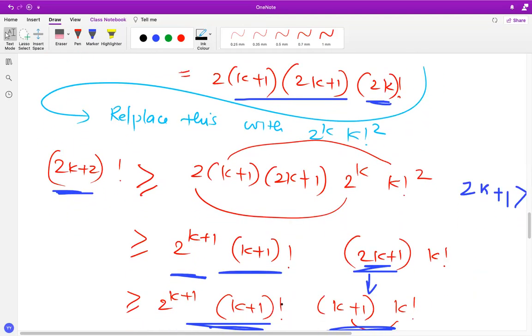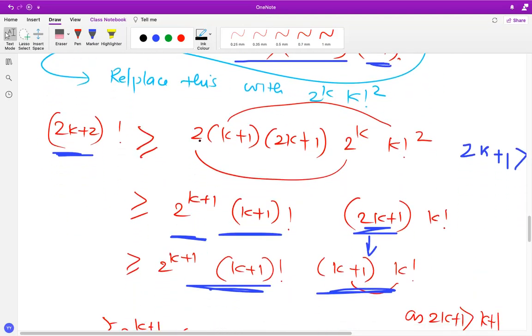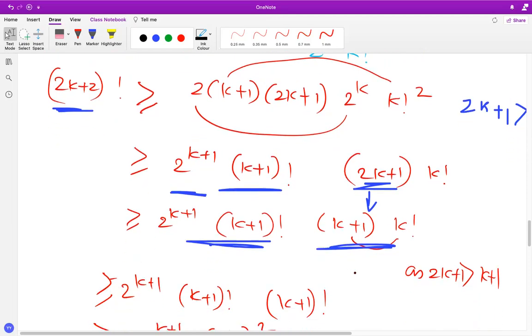Now I can take 2 common, so 2^k times 2, and then (k+1)!, because (k+1) times k! is (k+1)!. And 2k plus 1 you replace with a further smaller number, and give the reasoning here, because this carries marks.